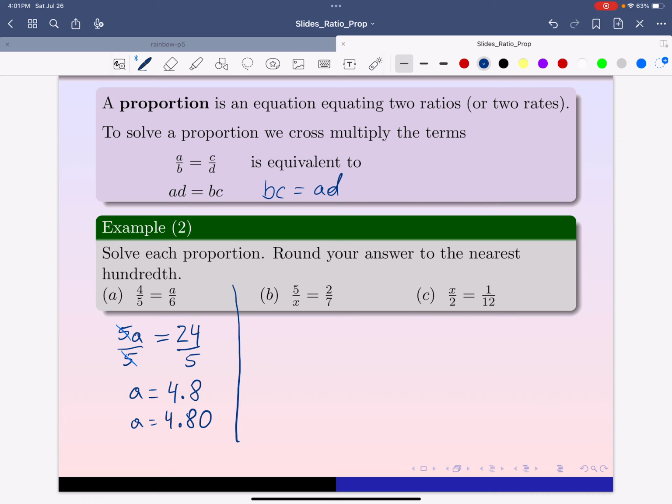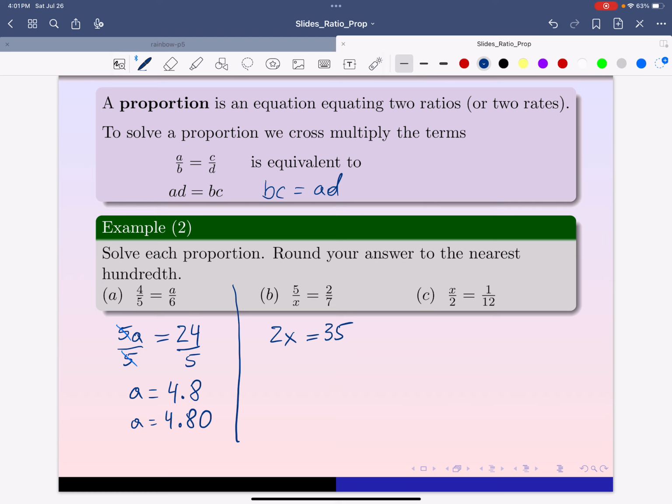Example B. As before, we're going to cross multiply. So we have 2 times x, which is 2x, is equal to 5 times 7, which is 35.